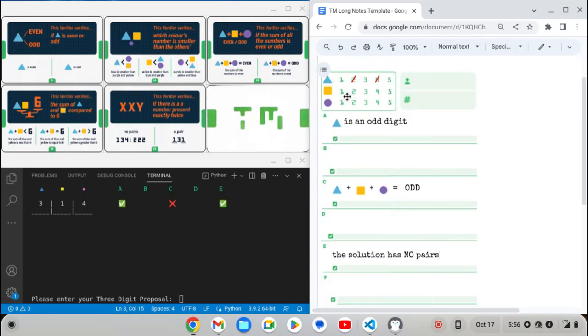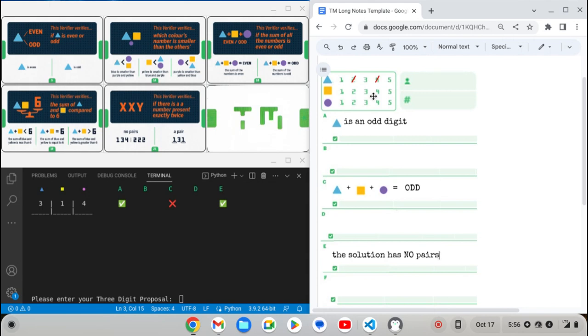And then, of course, if we have 2 odds in triangle and square, that sort of forces circle to be odd as well. And so it could be that because they're also all distinct, we're dealing with 1, 3, 5 in some combination.